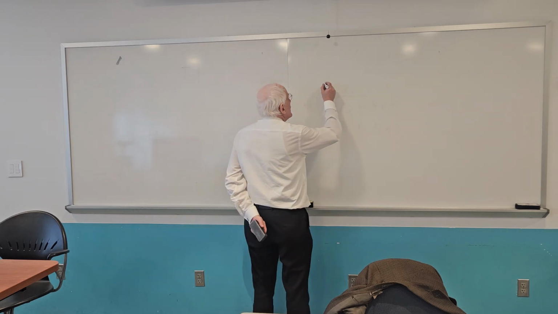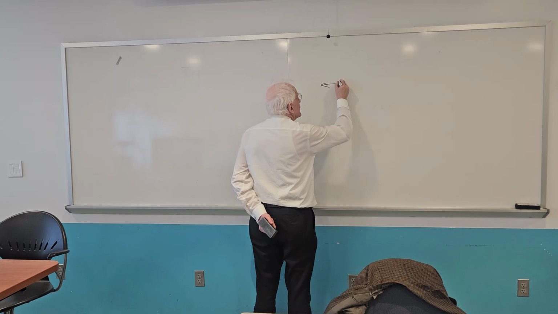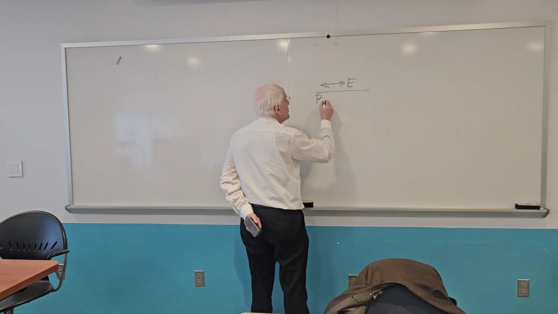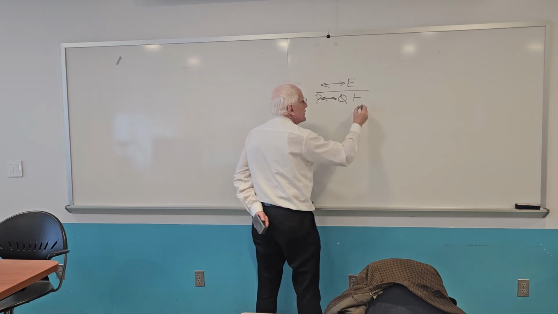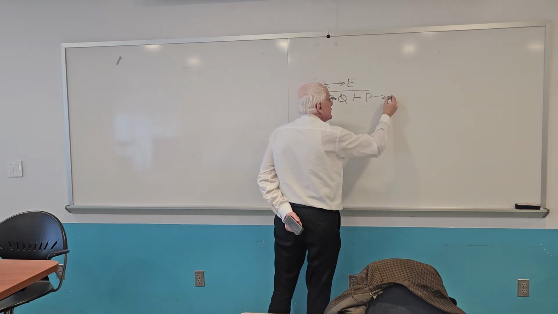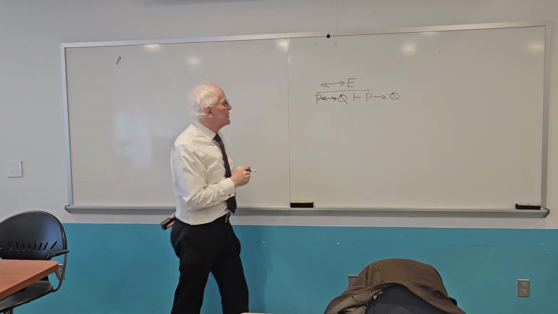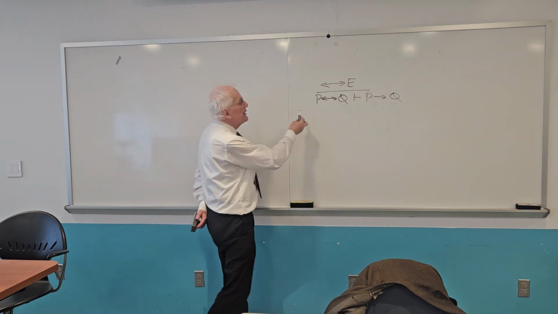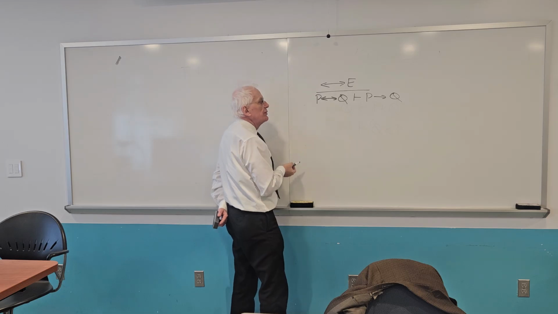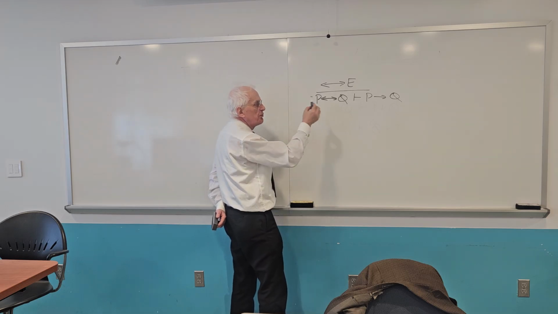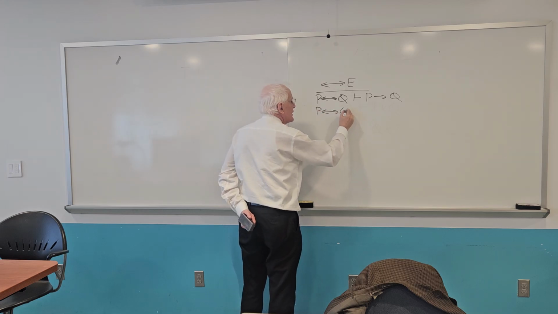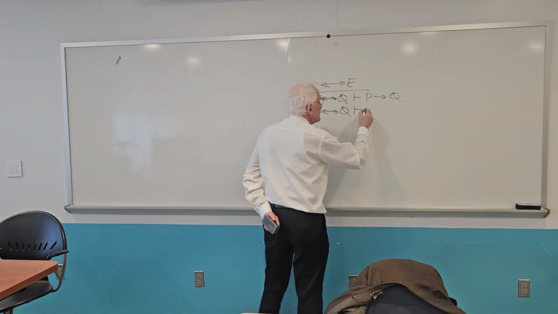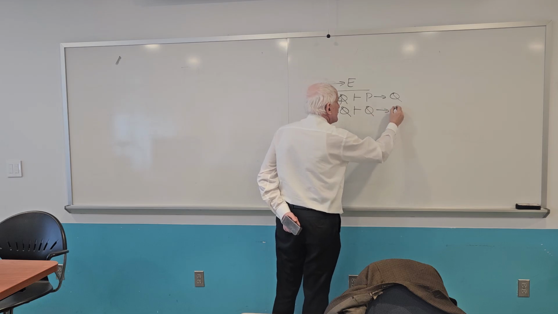So double arrow elimination allows you to go from a biconditional between two sentences to a conditional from the left to right sentence. So you go from P if and only if Q to if P then Q. And equally, you can go from the biconditional P if and only if Q to if Q then P.